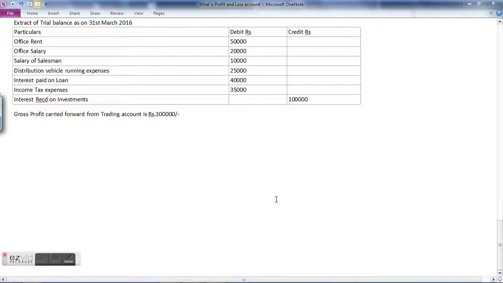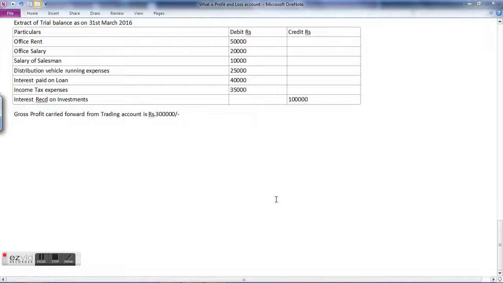Now let's see one example on how to prepare a profit and loss account. We have an extract of the trial balance as on 31st March 2016. Then you have office rent, office salary, salary of salesman, distribution vehicle running expenses, interest paid on loan, income tax expense, and interest received on investment, which is showing a credit balance of 1 lakh.